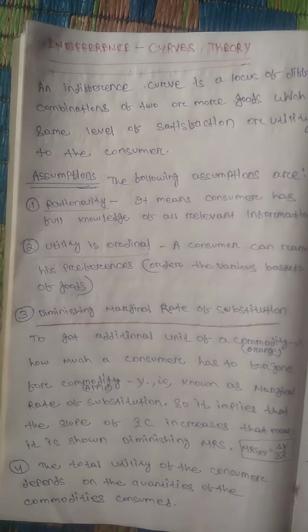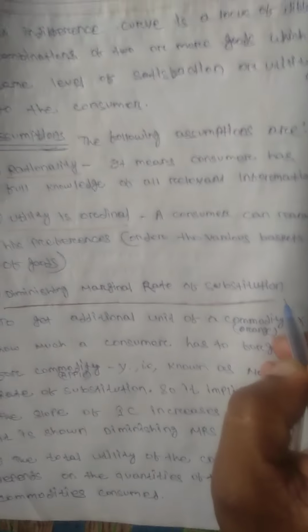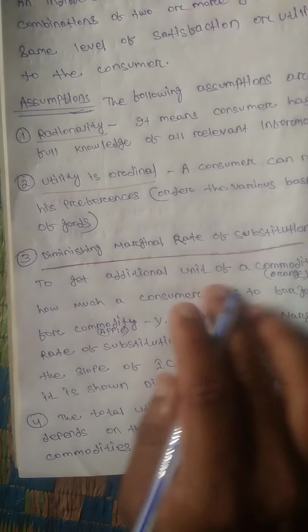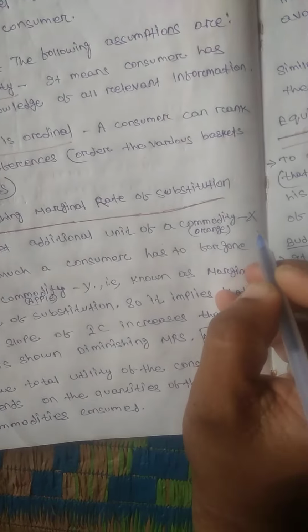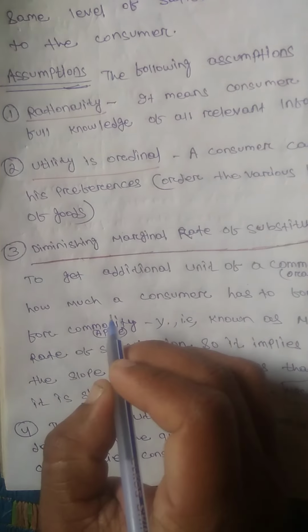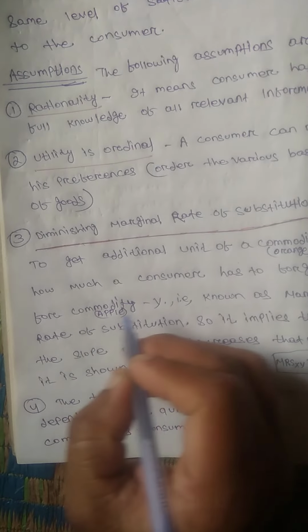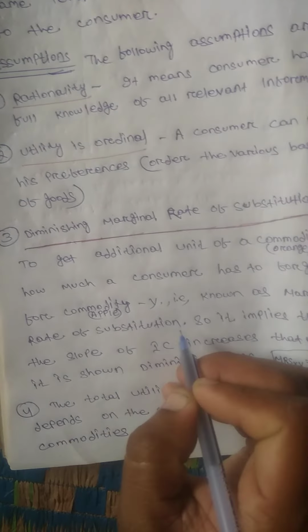In the third assumption, it is about diminishing marginal rate of substitution. To get an additional unit of commodity X, how much a consumer has to forgo or sacrifice of commodity Y, that is known as the marginal rate of substitution.